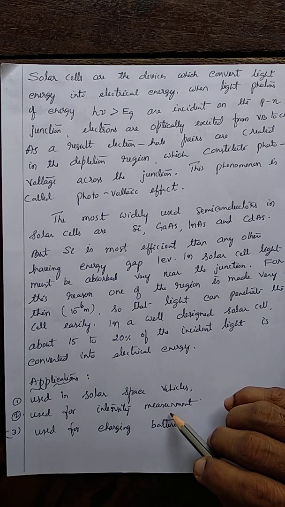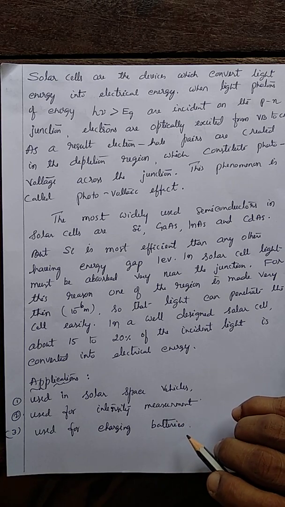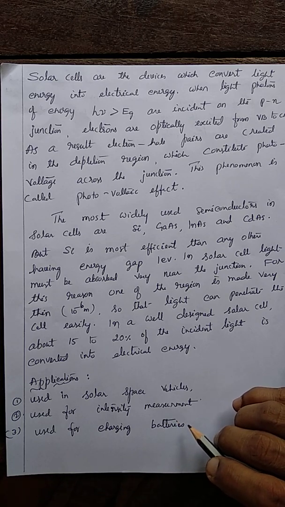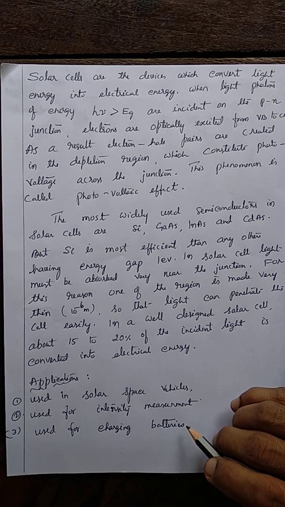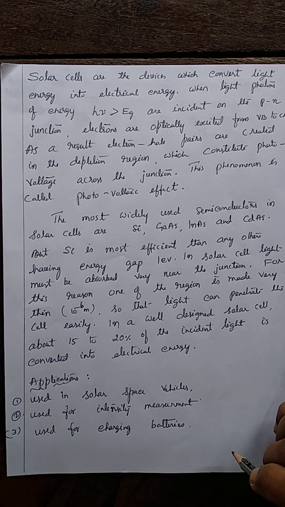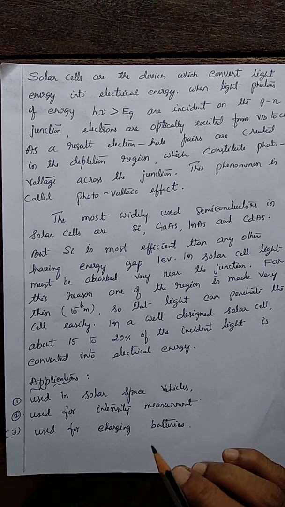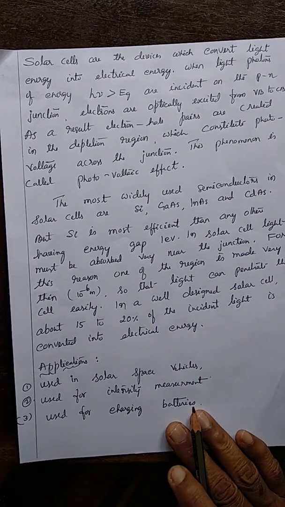That's why the junction is made very thin. The incident light should be absorbed near the junction. So to facilitate this, one of the regions is made very thin so that light can penetrate the cell easily. In a well-designed solar cell, about 50 to 20% of incident light is converted into electrical energy.